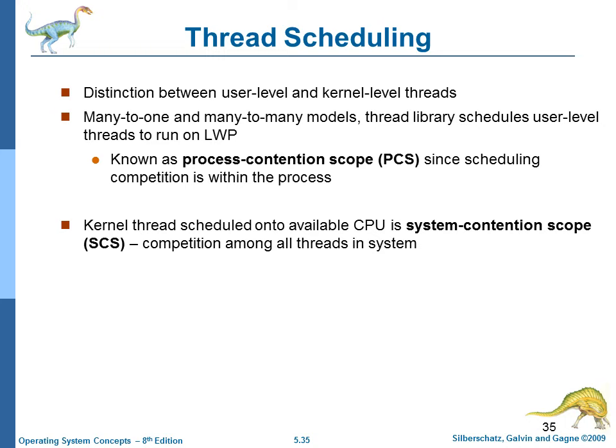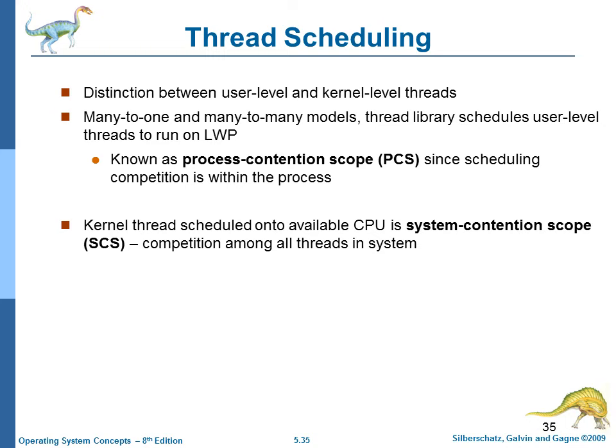There is a distinction between the user level threads and the kernel level threads. Contention scope refers to the scope in which threads compete for the use of the physical CPUs.